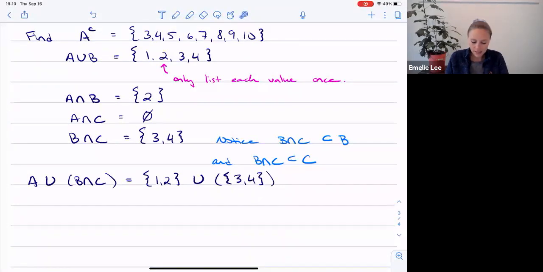If we didn't have B and C worked out already, these brackets say that we should deal with that first. So we need to figure out what that is first, and then we can plug it in.